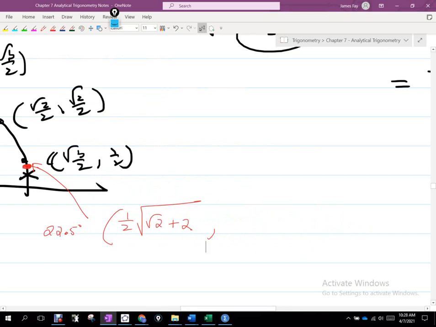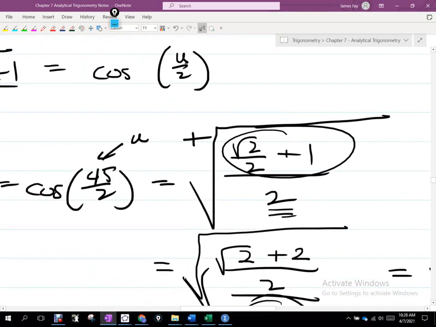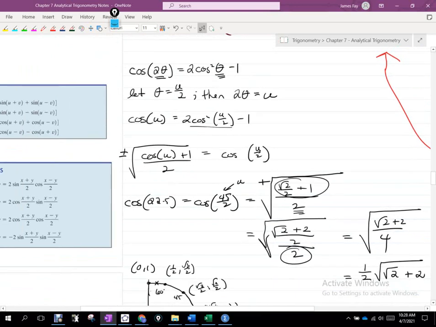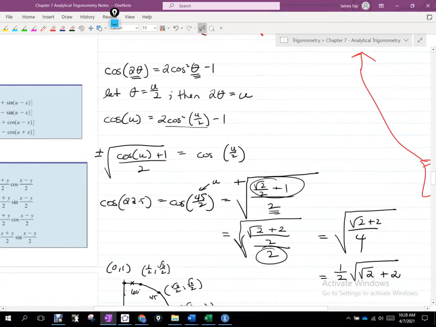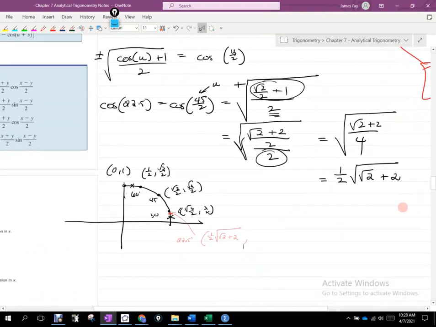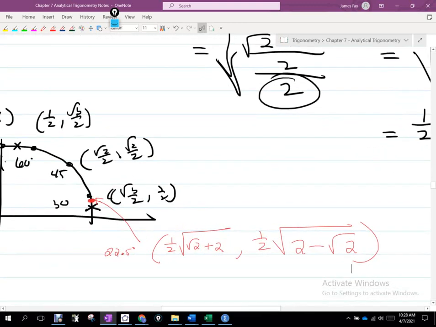And then the y value would be the square root of 2 minus radical 2, so it'd be 1/2 the square root of 2 minus radical 2. That is now the ordered pair for that point right there.